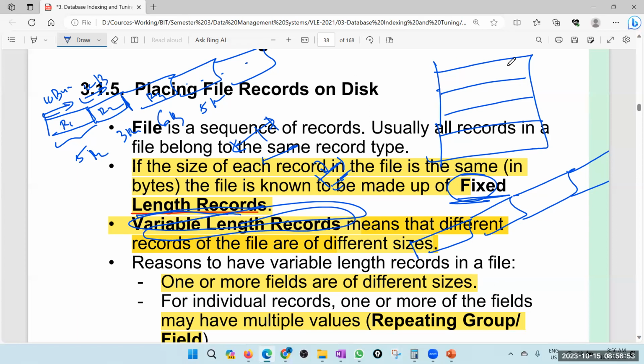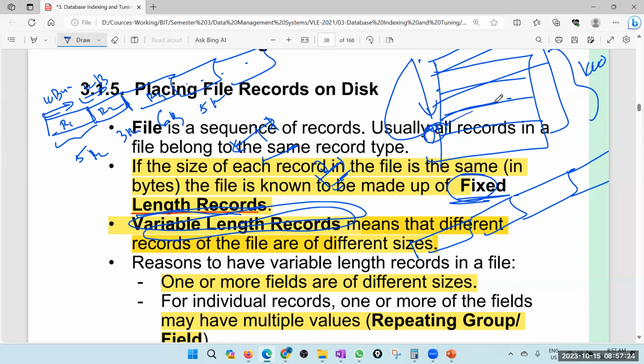For example, if a particular block has 1,000 records and it is fixed length, and you know that this is the 800th record, we can calculate and straight away go there because we know that every record has a fixed length. So straight away, in the memory, we know that at this particular offset this record is there.